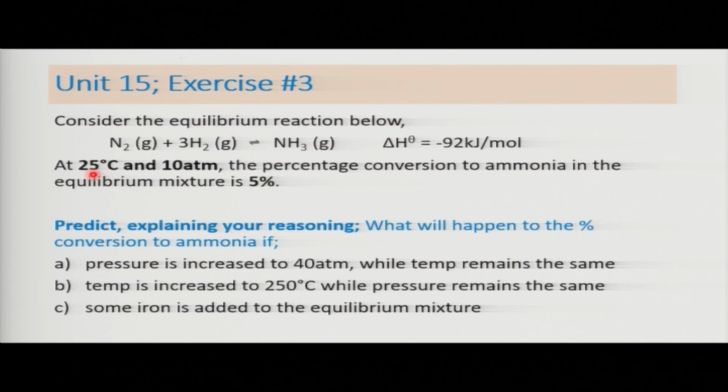We are having temperature and the pressure, and the percentage of ammonia at equilibrium. So we want to find out, predict and explain your reasoning, what will happen to the percentage conversion of ammonia if pressure is increased as you maintain temperature constant, or if temperature is increased as you maintain pressure constant.